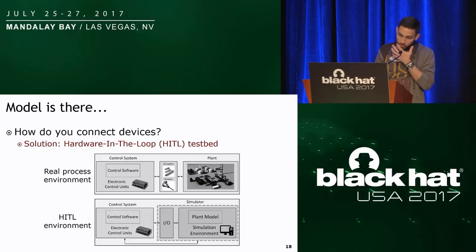So, the model is there. The issue now remains of how to connect the devices for power system modeling. And the solution is creating a hardware-in-the-loop testbed because, similar to real process environments, hardware-in-the-loop for ICS, for industrial control systems in general, connects the system in the loop.